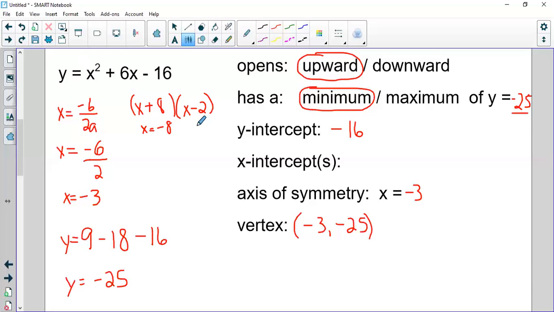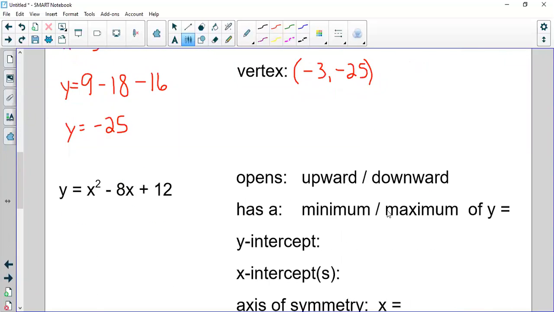And if x minus 2 is 0, x is equal to 2. That means I'm going to intercept the x-axis at negative 8 and 2. Ta-da! We have ourselves all the information. Do it a couple more times.